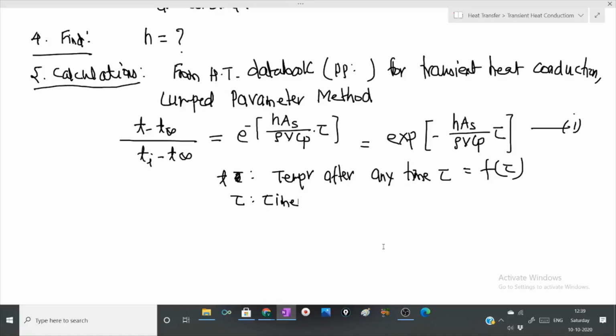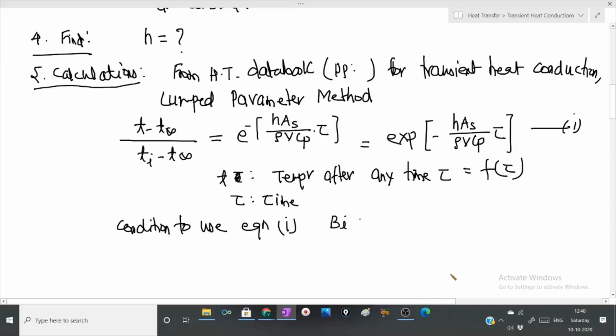But there is a condition associated with this lumped parameter method, and it's equation number 1. I can use this lumped parameter method to study transient heat conduction problems only and only when this condition is met. What is that condition? If the Biot number is less than or equal to 0.1.